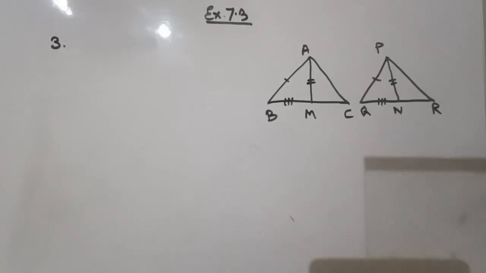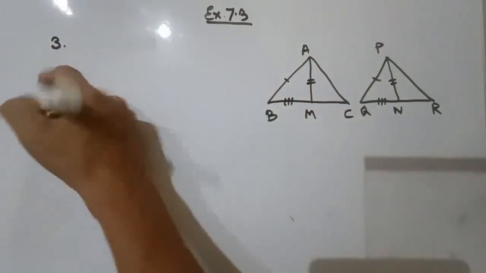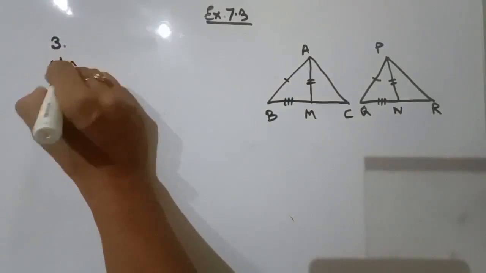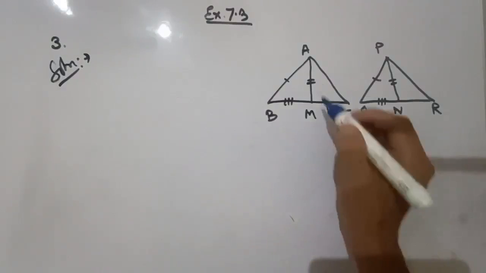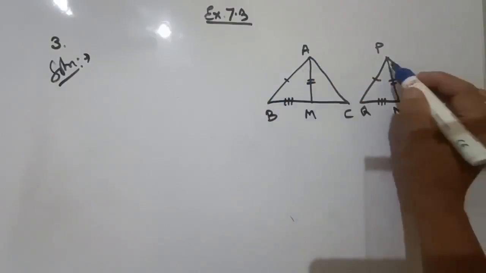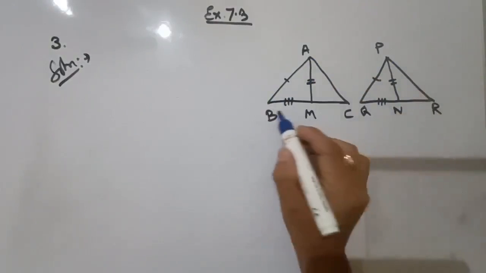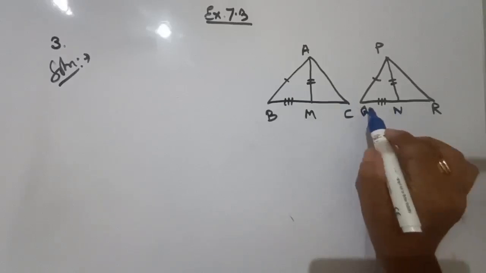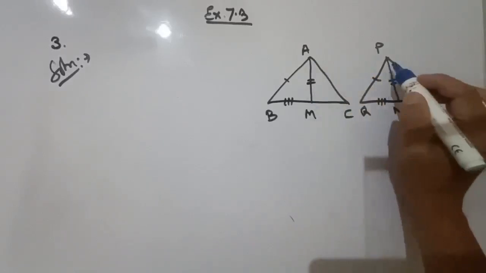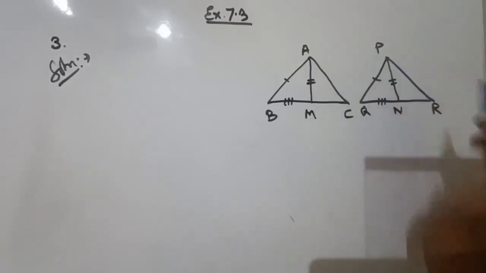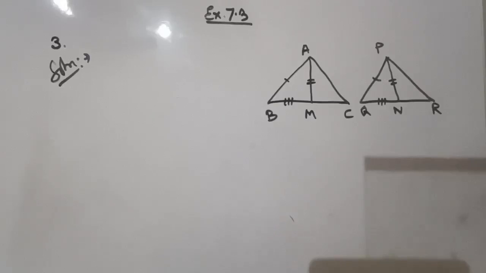Solution: in the question, it is given that side AB is equal to side PQ and side BC is equal to side QR, and the median AM is equal to the median PN of triangle PQR.